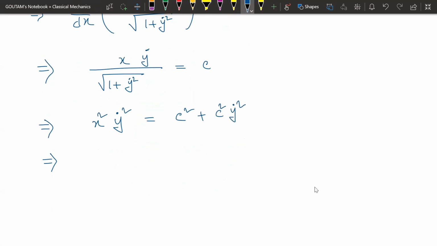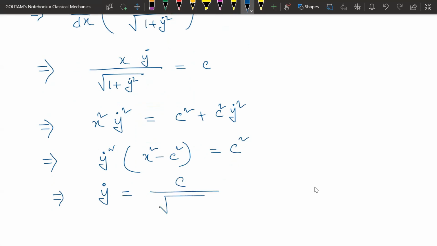So in that case, if we take this term on the left side, we will get y dot square times (x square minus c square) equals to c square. So we will get y dot equals to c by root under x square minus c square, and this y dot means dy/dx.